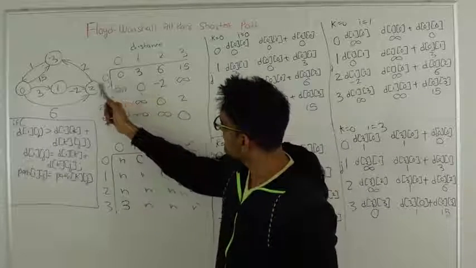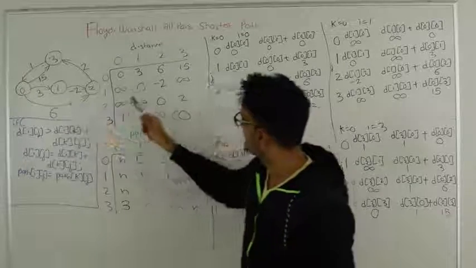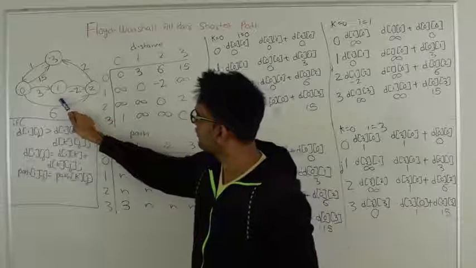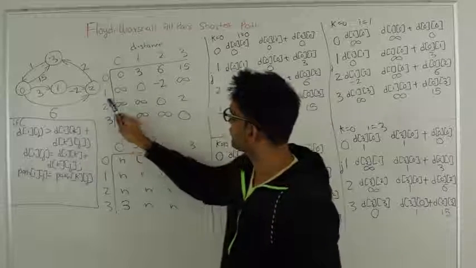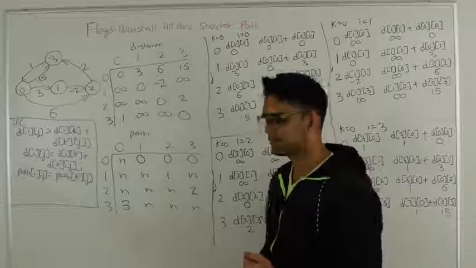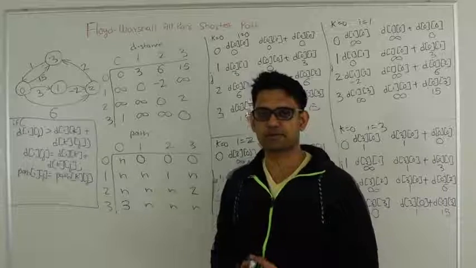So for the edges, say there is an edge between 0 to 2 and the distance is 6, so 0 to 2 will be 6. Similarly, there is an edge 1 to 2 and the distance is minus 2, so 1 to 2 will be minus 2. Also, this path matrix is going to be used to regenerate the minimum distance path between two vertices.